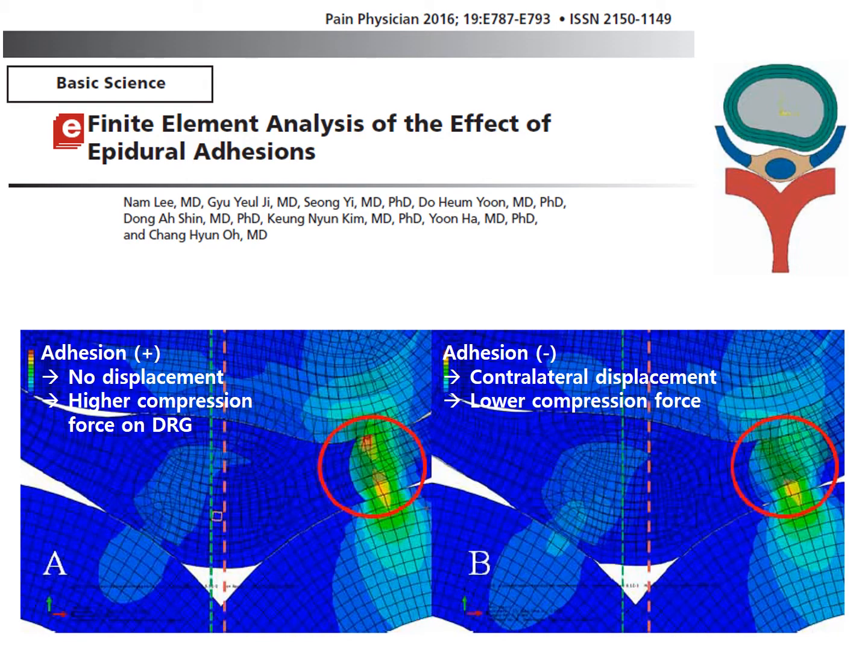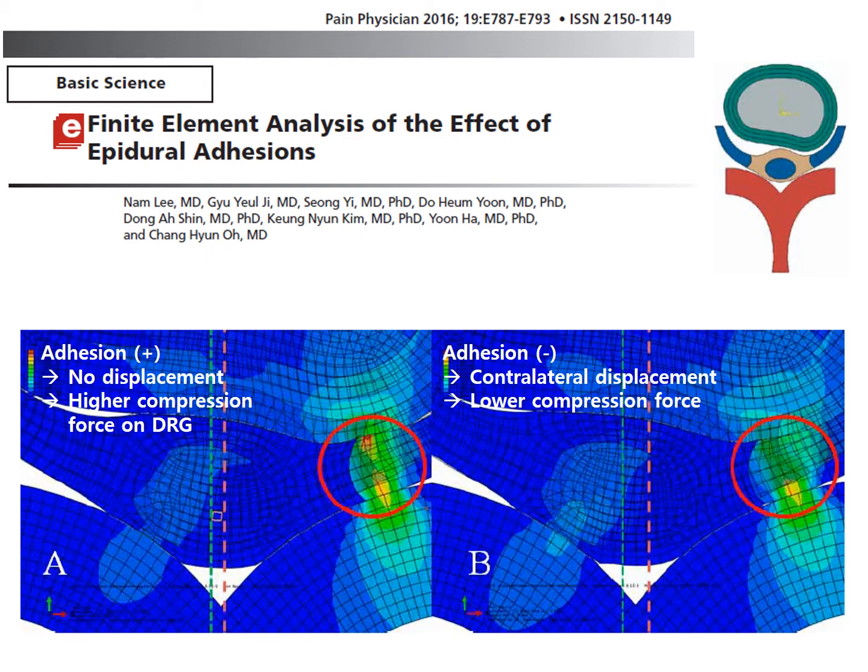This is a computer modeling study showing the effect of epidural adhesion on the tensile force on the spinal elements. The author of this study designed a two-dimensional spine model. They assumed that if there is no adhesion in the epidural space, there is no friction between the annulus and the spinal nerves. In contrast, if there is adhesion, no slip could occur between the annulus and the spinal nerves.